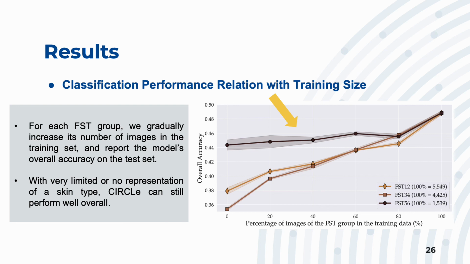And even with 0% training data of FST 5/6, it achieves a relatively high classification accuracy of 44%. This indicates that when the number of training images is large enough, even if images of a certain skin type are not available or are very limited, our model can perform well overall, which shows Circle's ability to generalize well to minority groups in the training set.